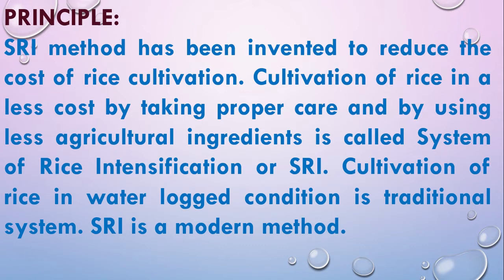Anyway, the important characteristics of the SRI method are that we transplant one seedling per hill. The seedling age should be 7 to 10 days, and the shape of transplanting is square.